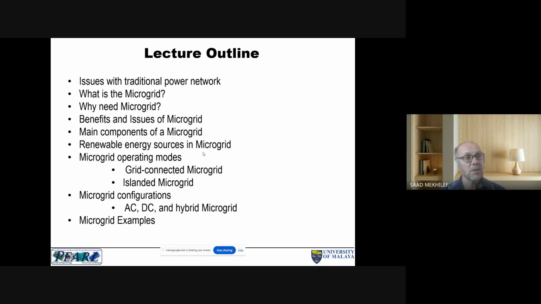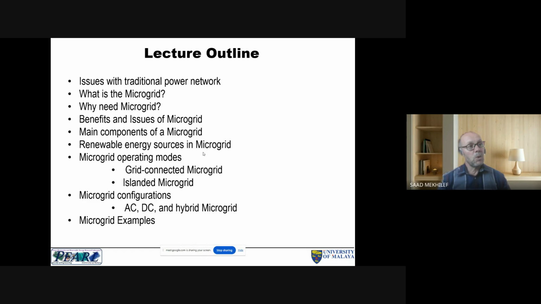Then we look into the renewable energy sources, because one of the main components of all microgrids is the integration of renewables. So it always comes with renewable energy sources.